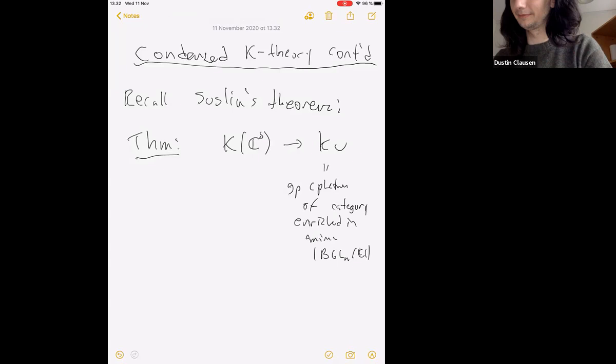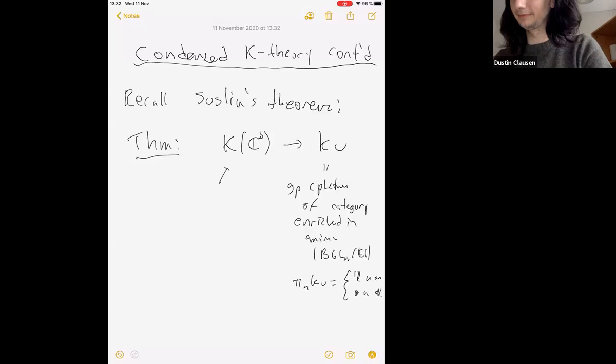You get an infinity category, and then you group complete that. That's one way to define this so-called connective topological K theory spectrum. Its homotopy groups are the usual thing about periodicity: Z if n is even, and 0 if n is odd.